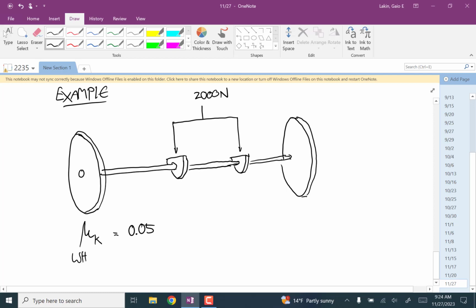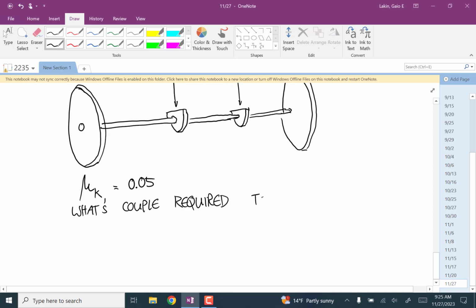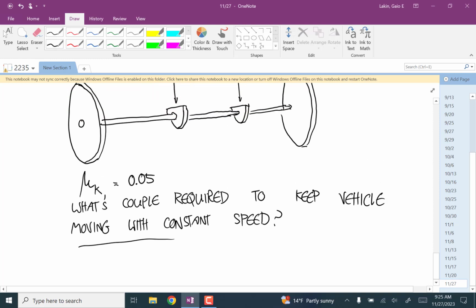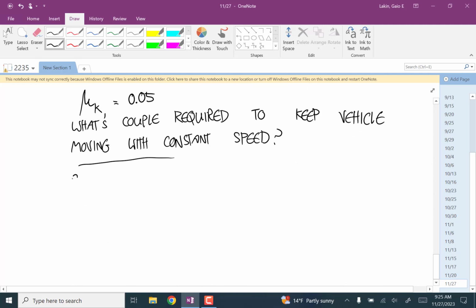And what's the couple required to keep the vehicle moving with a constant speed? Okay, well, we're going to do this for one of these 2 bearings.